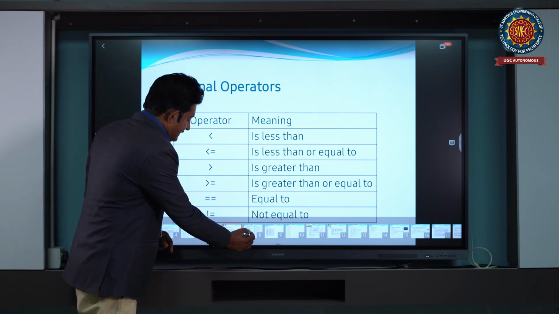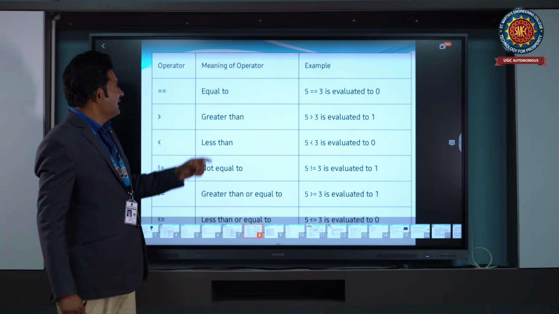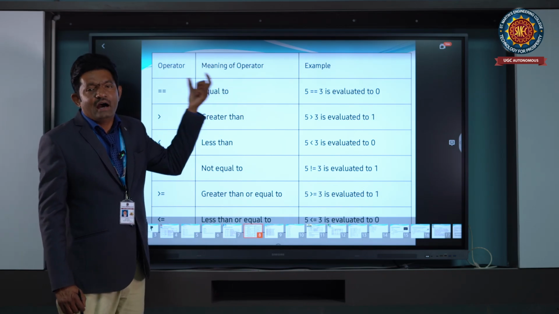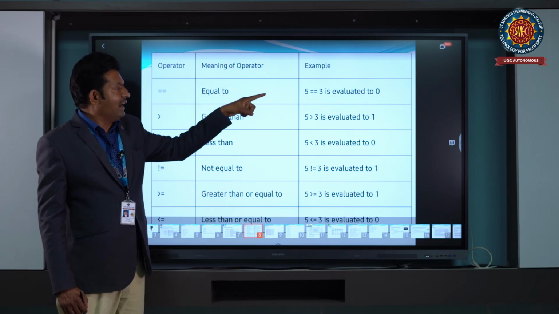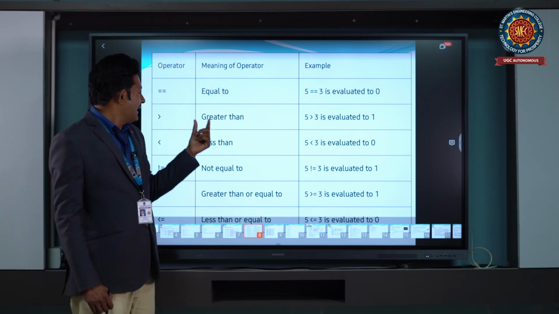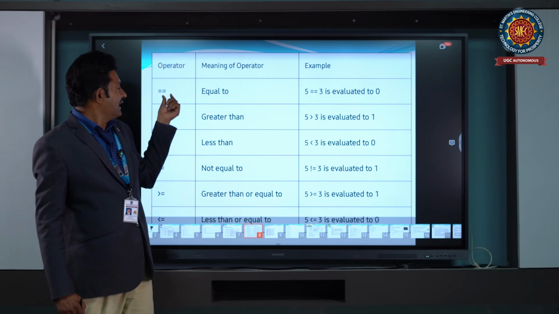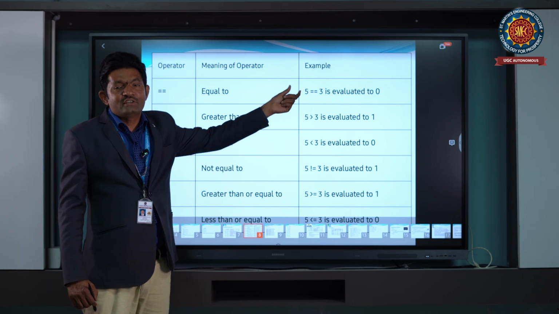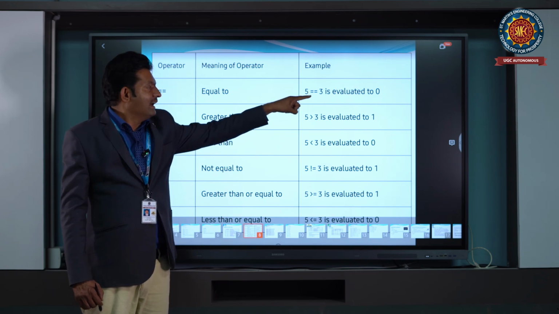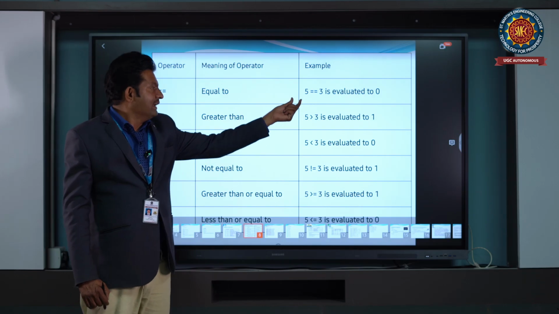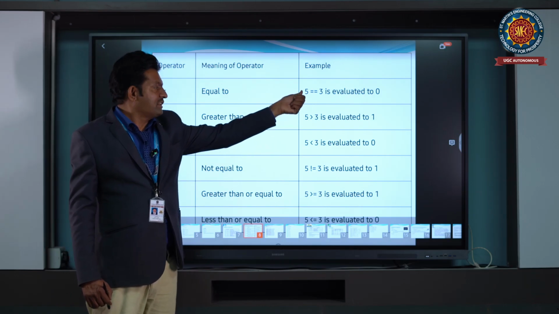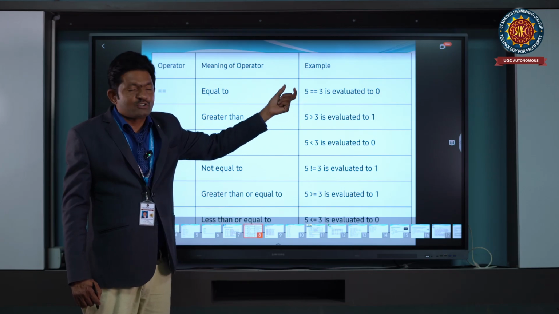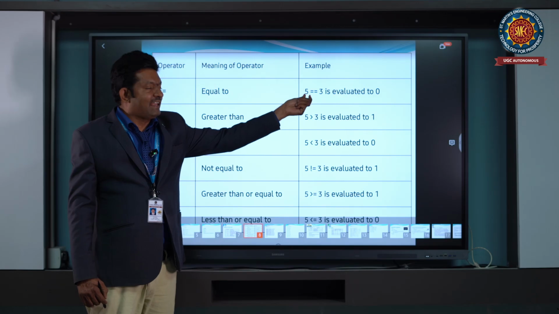Now I will demonstrate the meaning of each and every operator: operator, meaning of operator and example. So now logical equal to, double equal to: 5 is equal to 3 is equivalent to 0, because suppose A is 5 and B is 3.